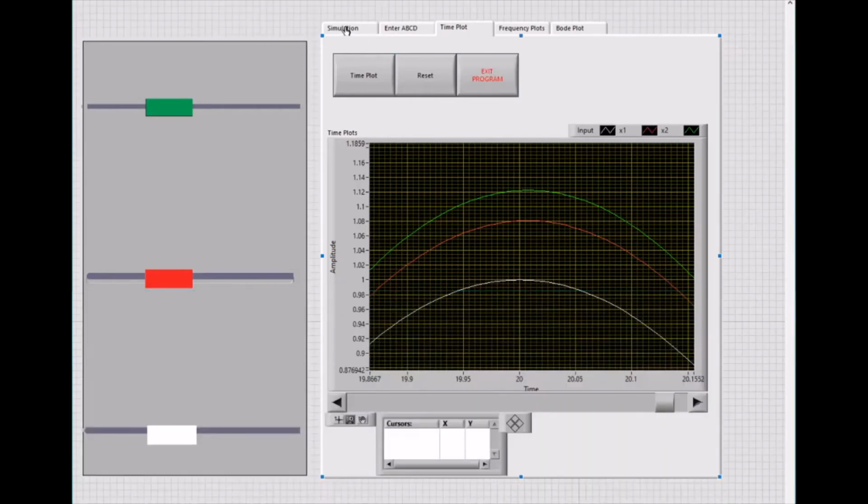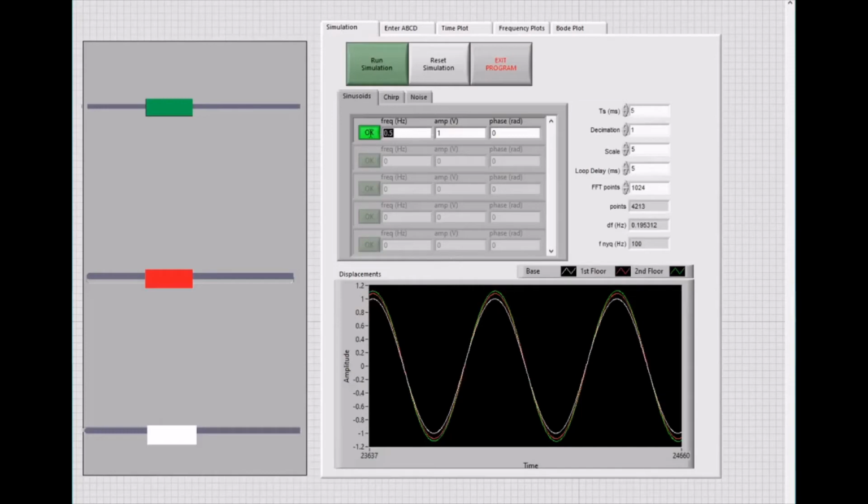Let's exit the program. I'm going to go to simulation, and I'm going to do the same thing. It can get a little bit boring, so I'm just going to pick maybe 4 frequencies. Which one should be interesting?